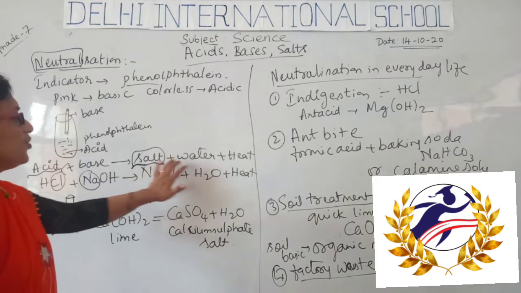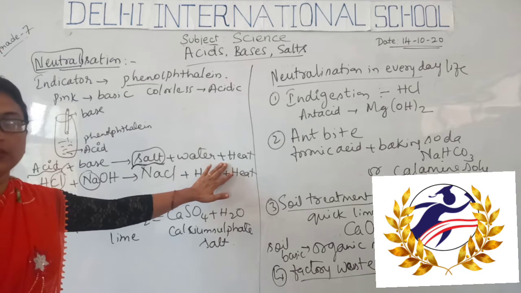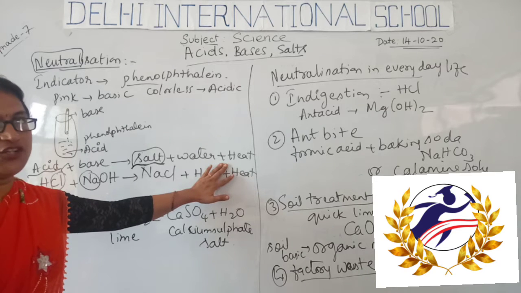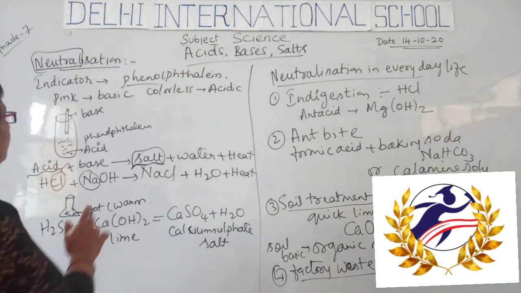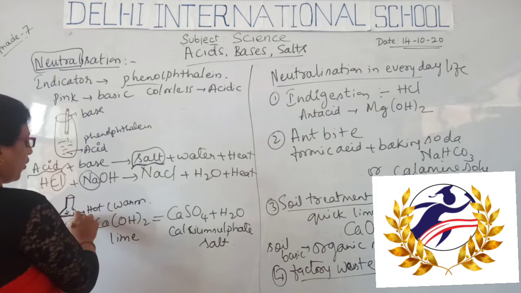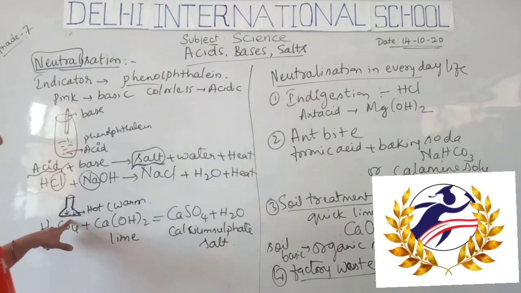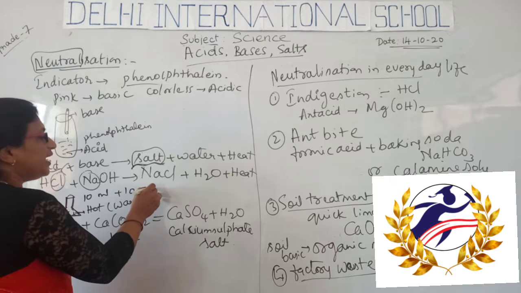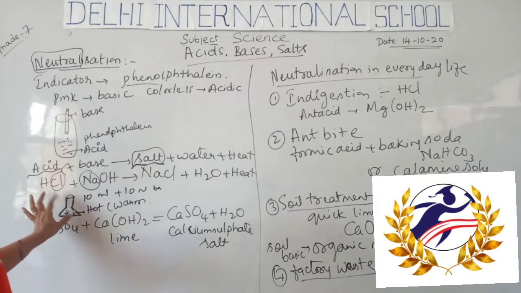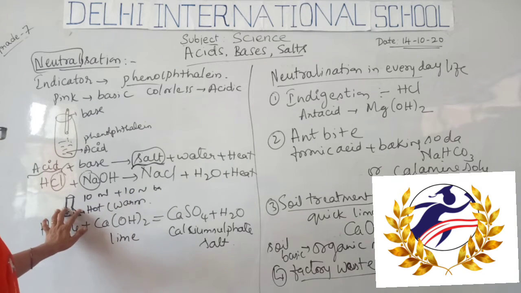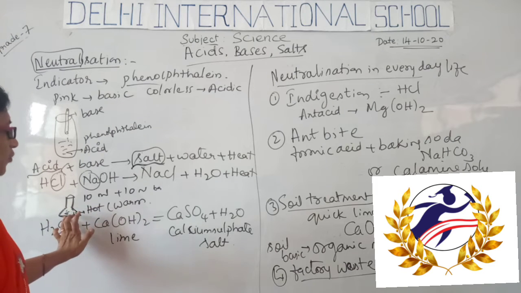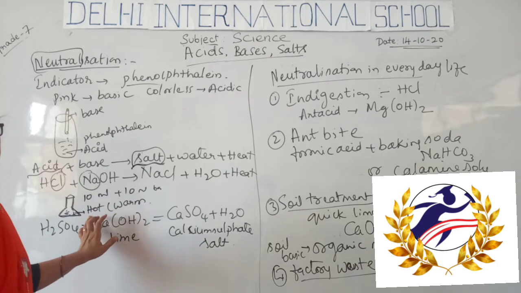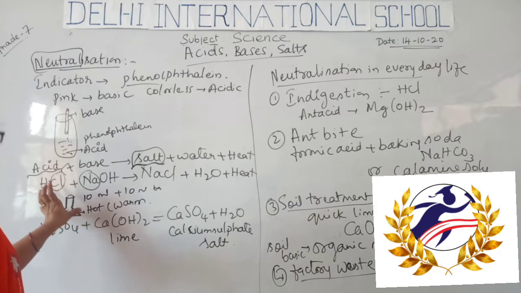Along with that, it also gives water and a lot of heat energy is liberated. Take a conical flask, take 10 ml of acid and add 10 ml of base. It undergoes neutralization and the conical flask becomes warm or hot, because during neutralization some amount of energy is released.